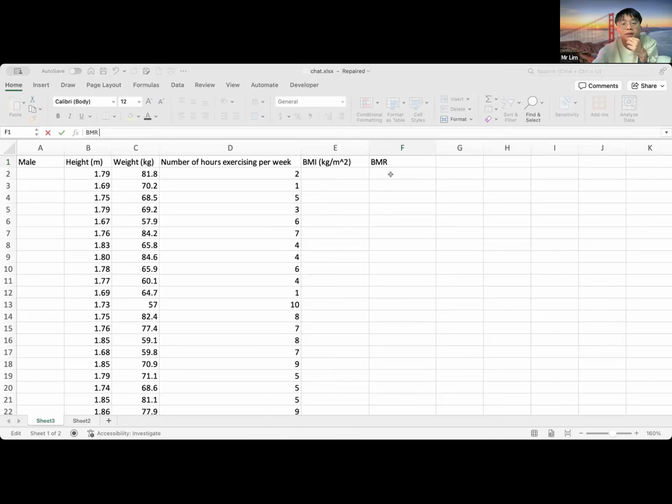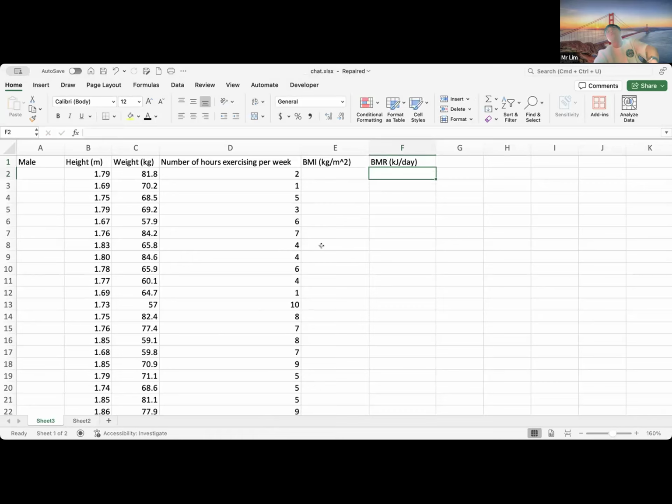Kilojoule per day. So we are talking about how many kJ, right? Kilojoule means 1 calorie, right? So this is kJ per day, because we are talking about the amount of energy required in a day, right?